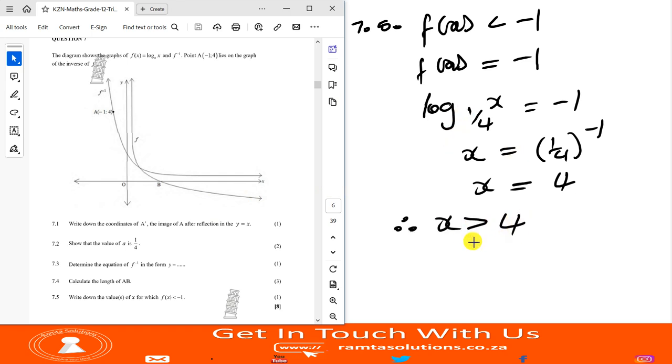Happy? Perfect. If you do not see this point directly, try this method first and then conclude looking at your graph. But for this particular question, we are fortunate we knew what this point is. It was 4. Perfect.